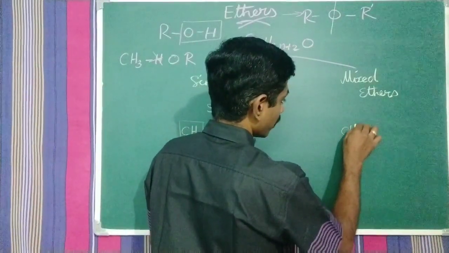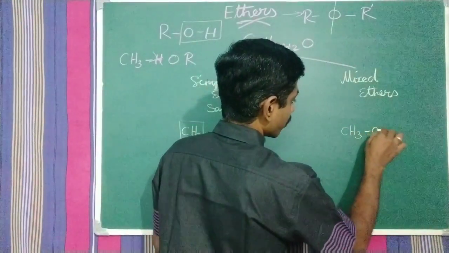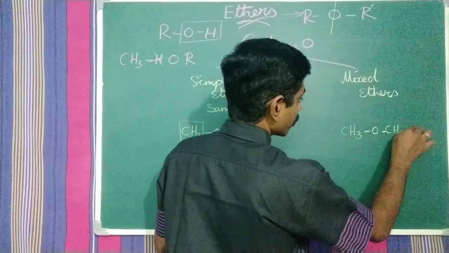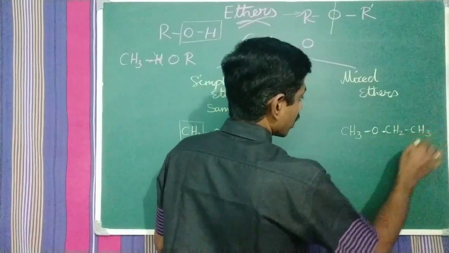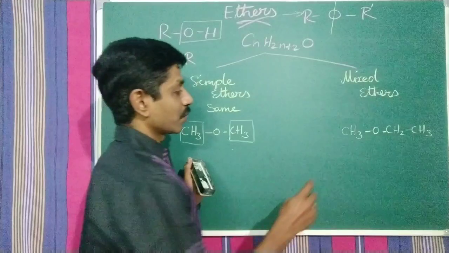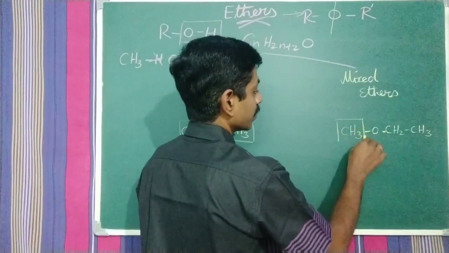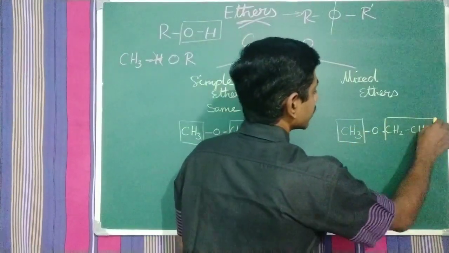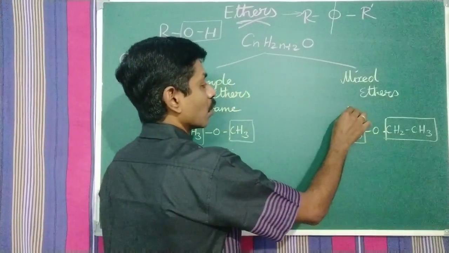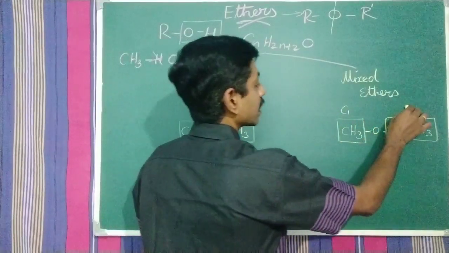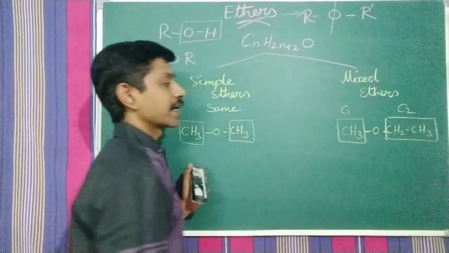If you take this molecule, CH3-O-CH2-CH3, and closely watch it, one side has a methyl group and the other side has an ethyl group. That means one carbon atom on the left-hand side and two carbon atoms on the right-hand side.